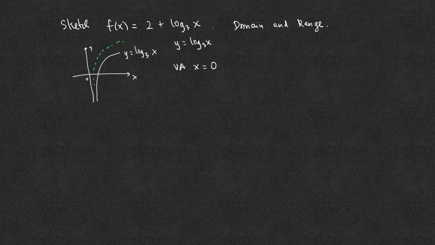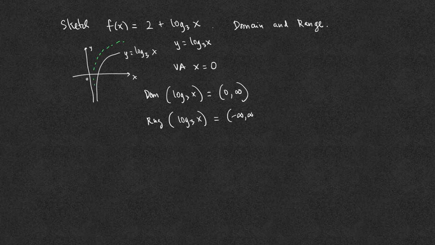Also, the domain of the function log base 3 of x is the set of positive numbers only. It cannot be 0. And the range of log base 3 of x is the set of all real numbers. When we add 2 to the function, we only shift it up vertically, so we do not change the domain.